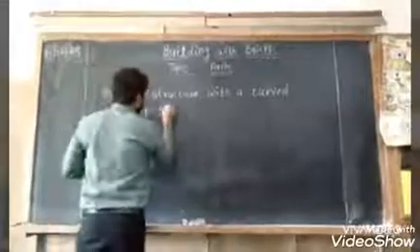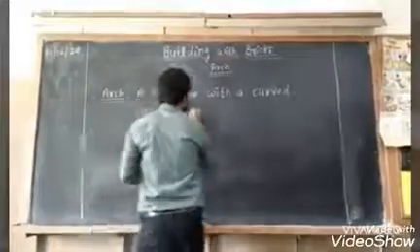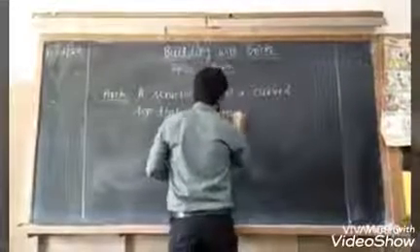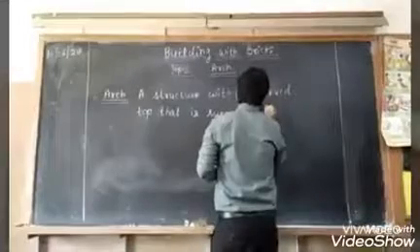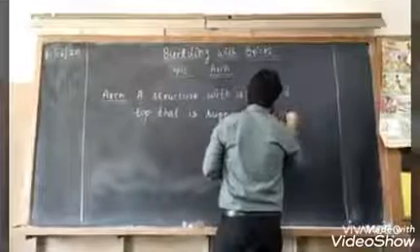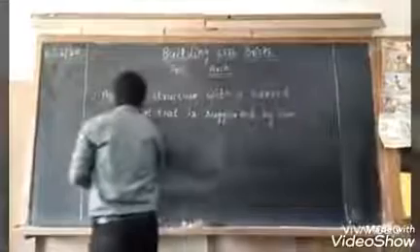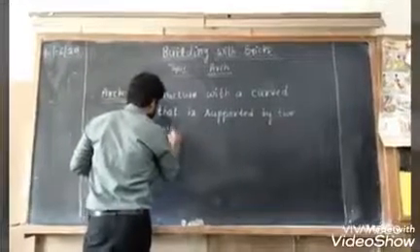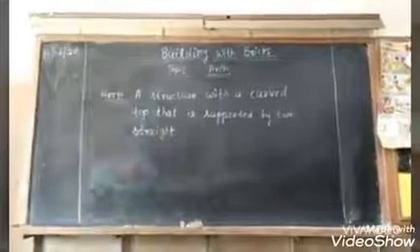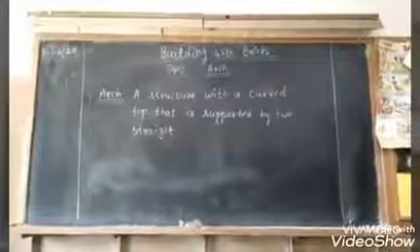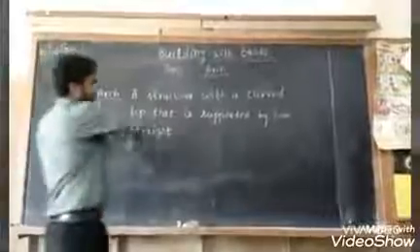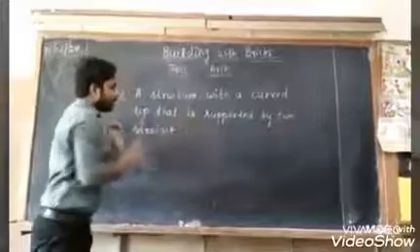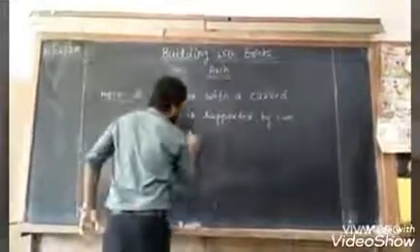Yes, it is supported by two straight pillars, na? So we will write that it is supported by two straight sides. A structure with a curved top that is supported by two straight sides. And when we look at this figure, as I earlier made the shape, it looks like an entrance, na, that we can go through.